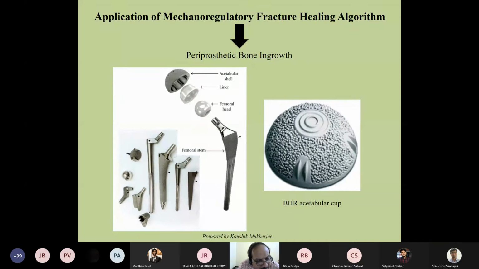Biological fixation depends on the amount of bone ingrowth at the interface, that is where you have this porous coating.